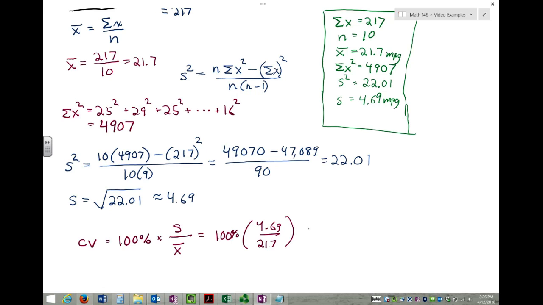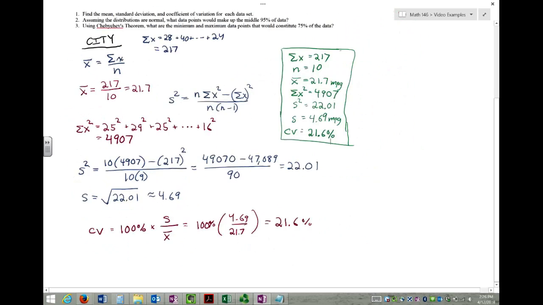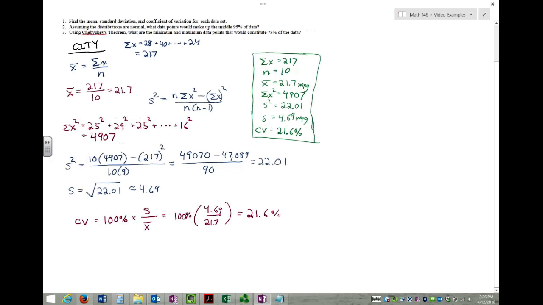Multiply that by 100%, and we get 21.6%. So the standard deviation is 21% of the mean, which seems somewhat sizable, but not huge. Okay, so that's how we find the information for our city data.